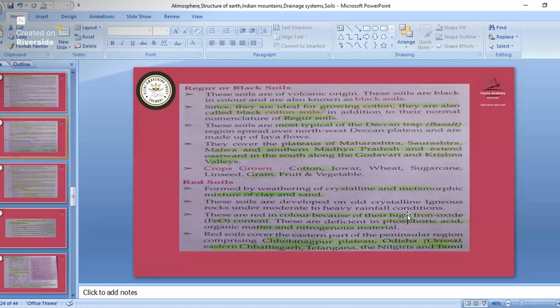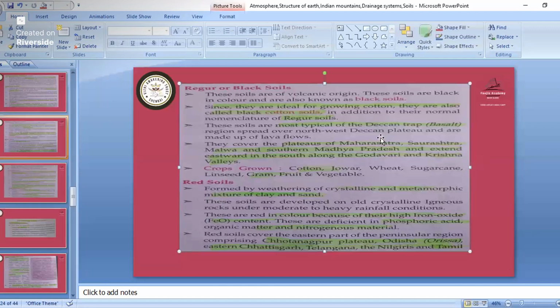They are red in color because of their high iron oxide content. They are deficient in phosphorus, organic matter and nitrogen. So phosphorus, nitrogen and organic matter are not present. In red soil, there is a lack of humus also.